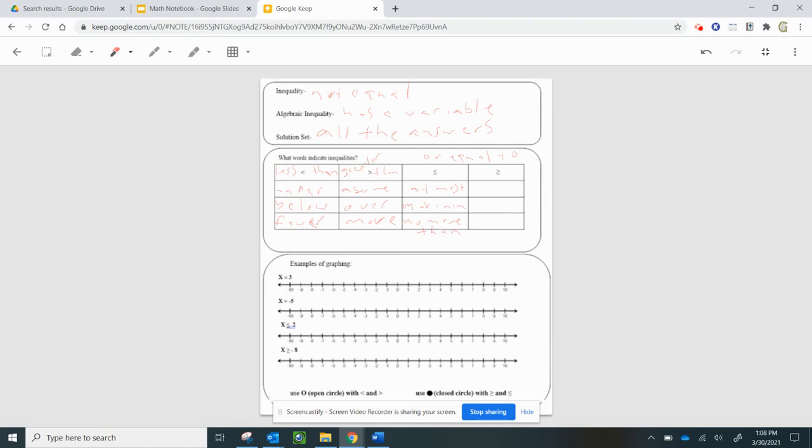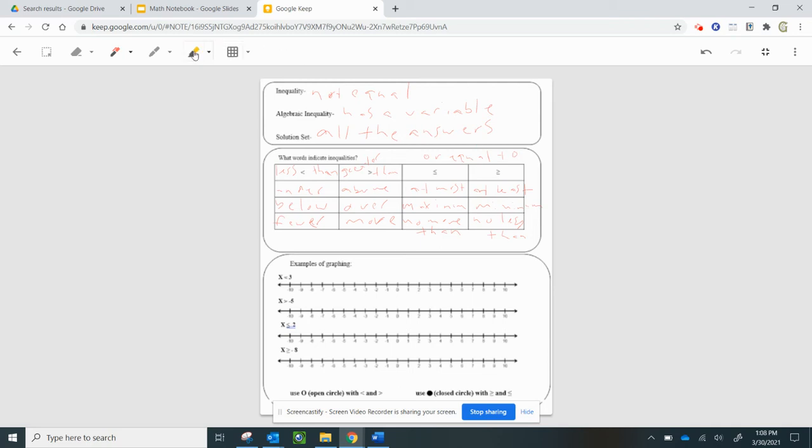So kind of similar there. For greater than or equal to, same kind of idea, but opposite what we just did, right? So things like at least, minimum, and no less than would all be good examples.